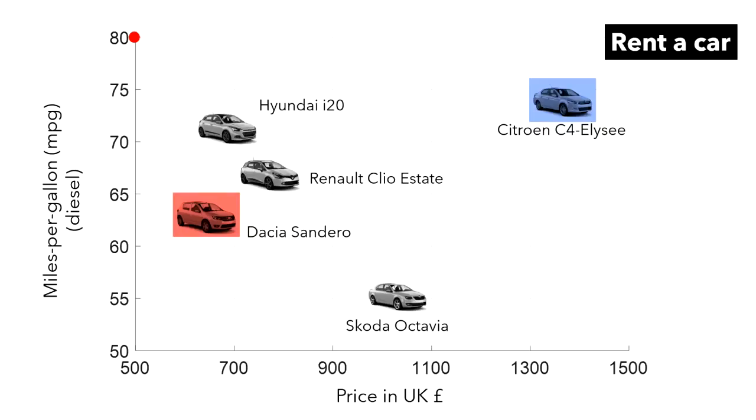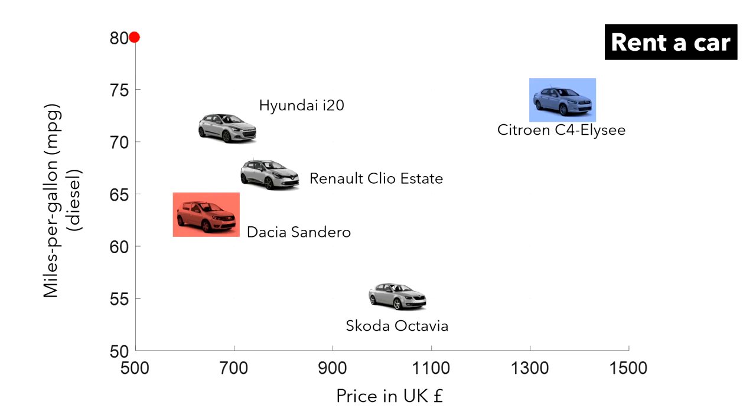So if I look at my non-dominated alternatives, definitely the Dacia and the Citroën are non-dominated because there is no other car that is better than Dacia on one of the criteria, and no other car that is better than Citroën on the other criterion. How about the Renault? If I look at the Renault, Dacia is better on price, Citroën is better on mileage.